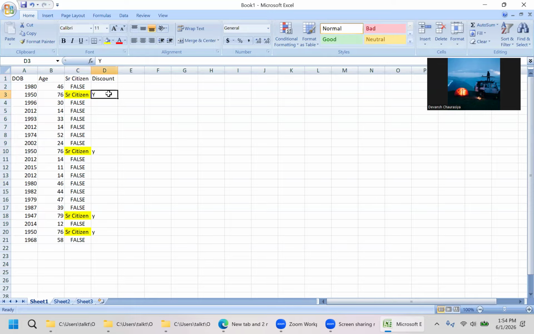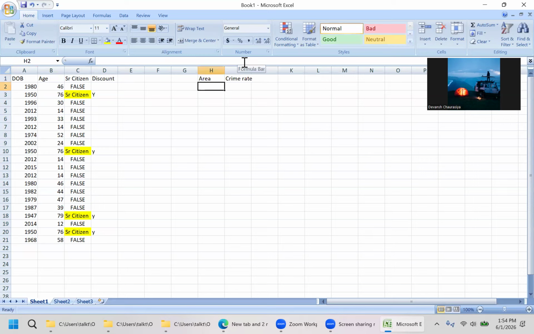So what I did basically, I did some level of feature engineering to extract some business valuable data from just the year of birth. Now let's take another example where I have area and crime rate.